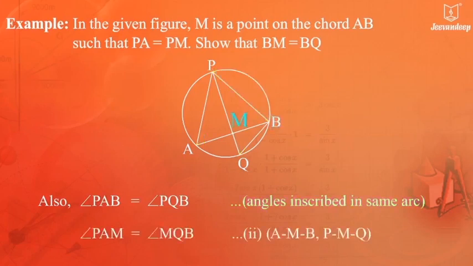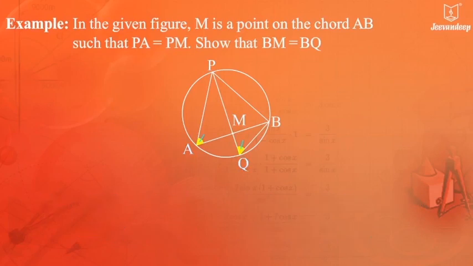As B and M lie on the same line AMB and P and M lie on the same line PMQ, angle PAM equals angle MQB.